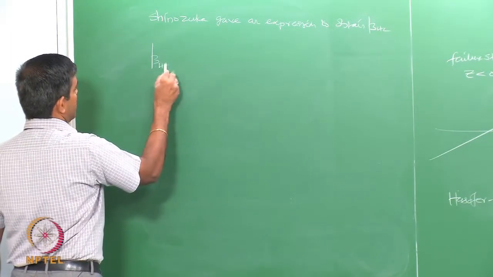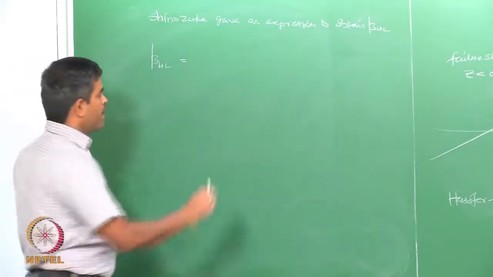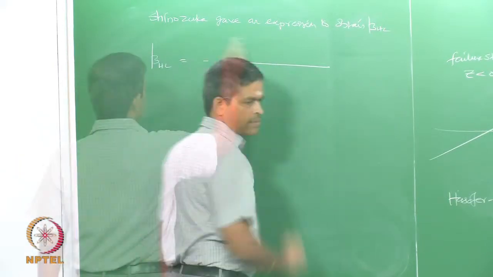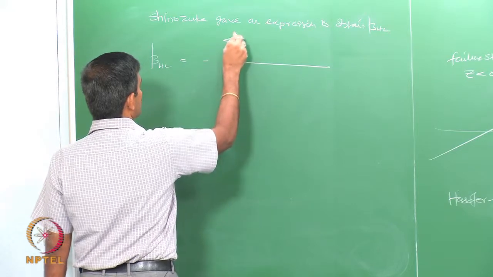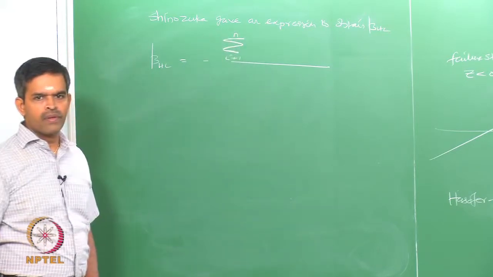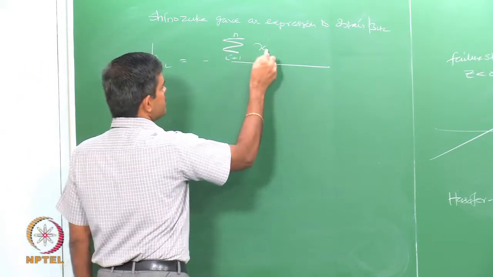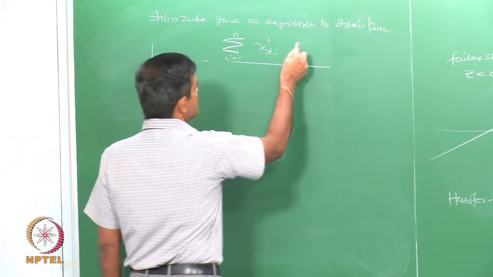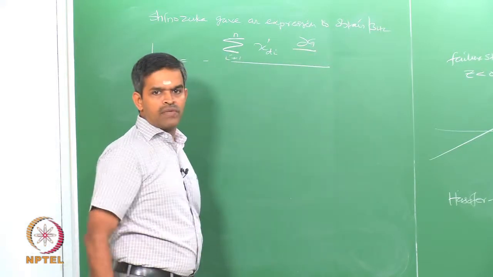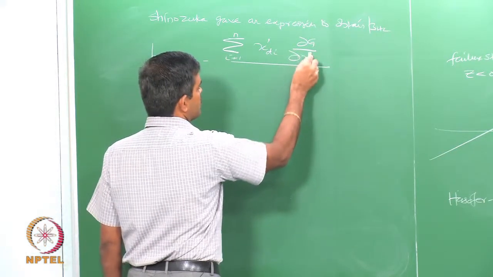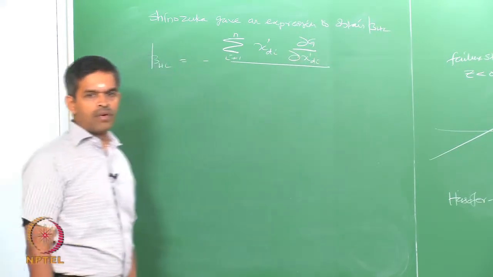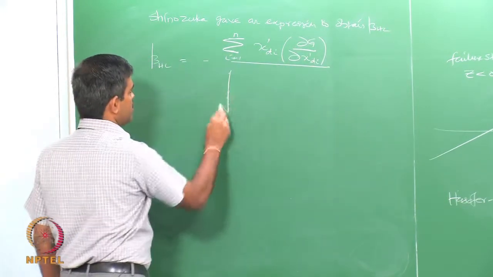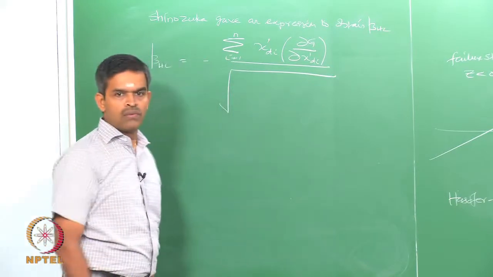That is given by the negative of the sum over i equals 1 to n of di, the derivative of this with respect to the design point, by the root of the sum of squares.